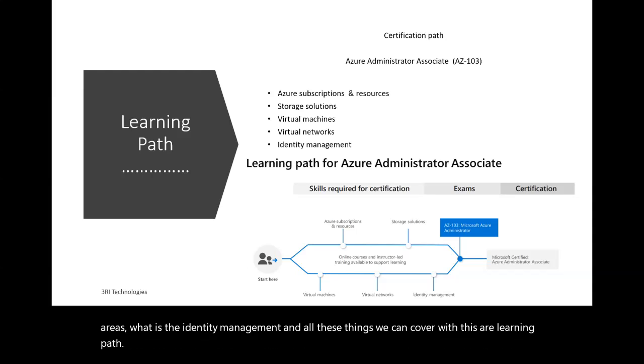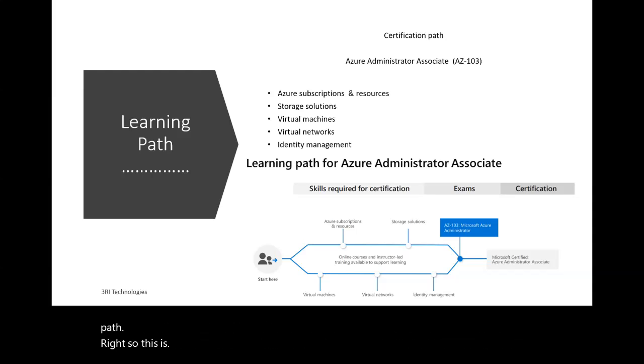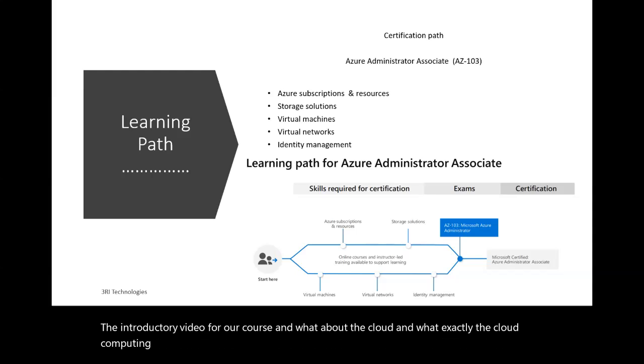So this is the introductory video for our course, and what the cloud and cloud computing exactly are. Now from next onwards, we'll start this series and you will get all the videos one by one, right? So this is our complete course and we'll get it completed.